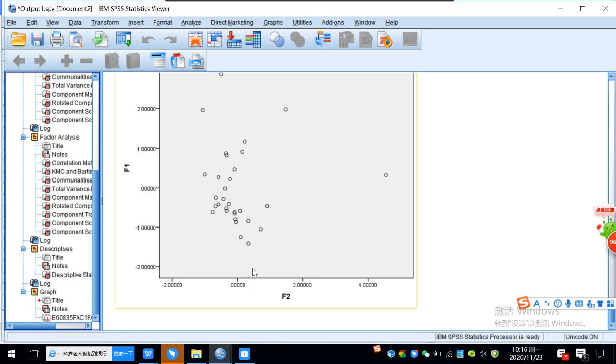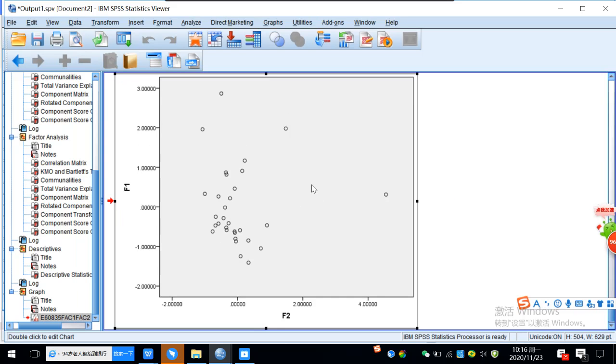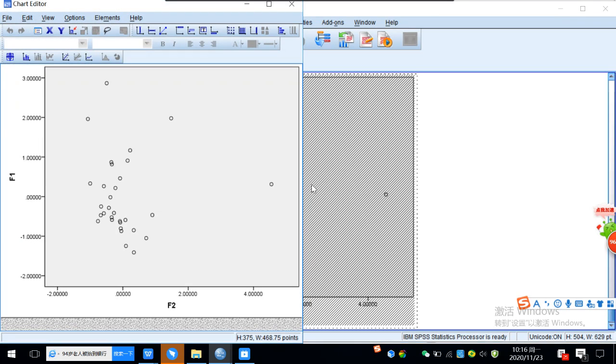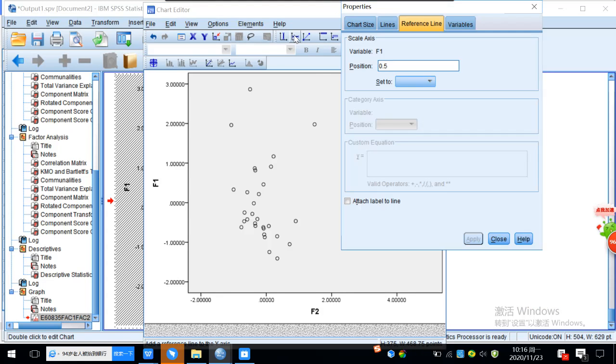Now, we have the graph here, and we want to double click it. Here, please draw a zero line. Position, change it to 0.